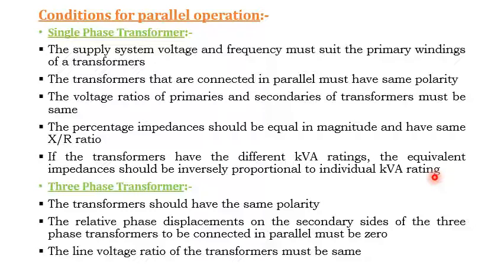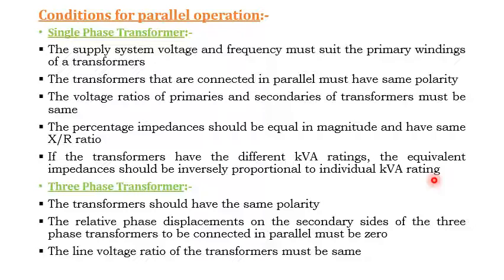In that case, we can also consider the parallel operation for such transformers, but the condition it should fulfill is that the equivalent impedance should be inversely proportional to individual kVA rating. So consider transformer A and transformer B, both connected in parallel.